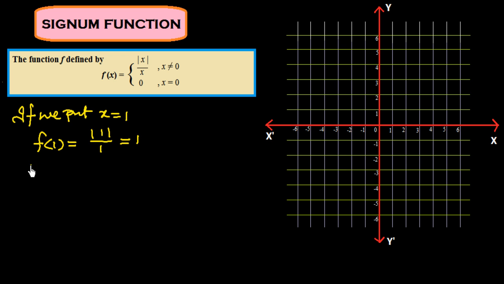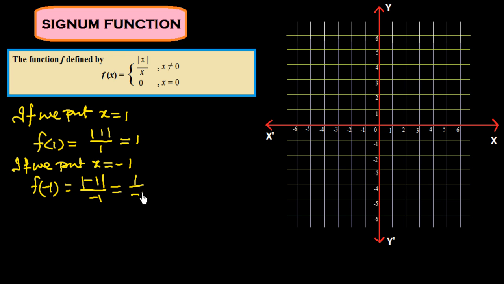If we put x is equal to minus 1, we get f of minus 1 is equal to mod of minus 1 over minus 1. We know that the mod of any number is always positive, so 1 over minus 1, which is minus 1.